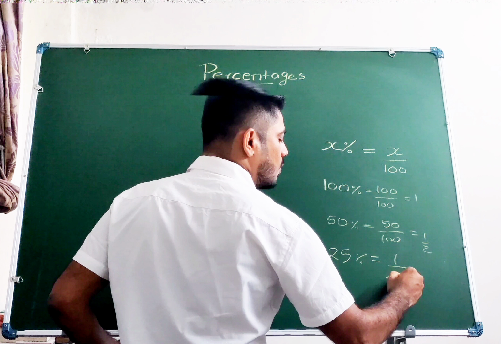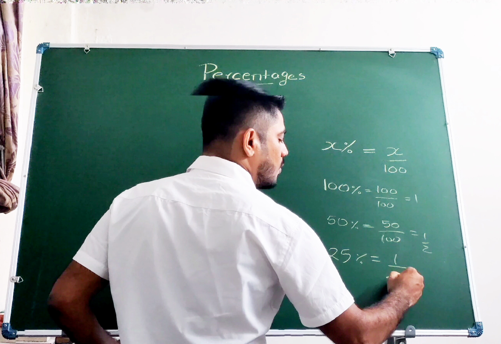Let us understand what is percentage change. Suppose I have 1000 rupees with me and I increase it by 20%. 20% of 1000 is 200. So if I'm increasing it, my final amount would be 1200 rupees. Now, what if I again increase this amount by 30%?